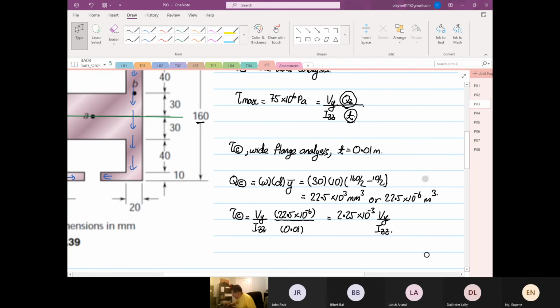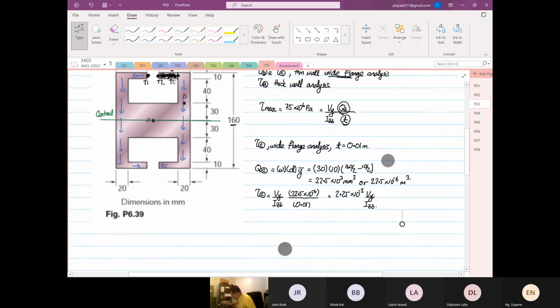Then next we are going to find the shear stress at point B. So we are going to use again wide flange analysis. The thickness is now equal to 0.02 meters.